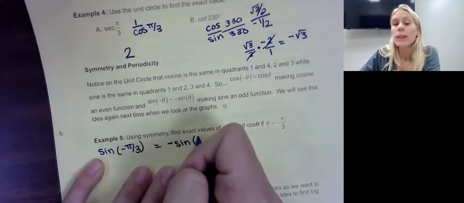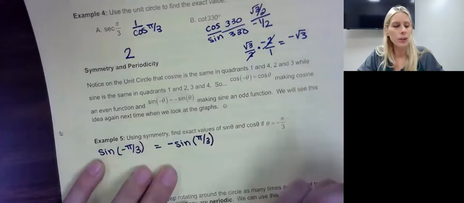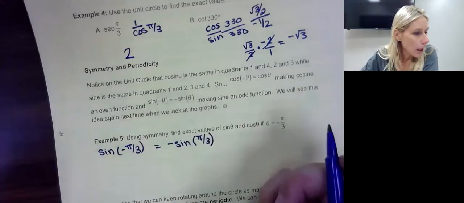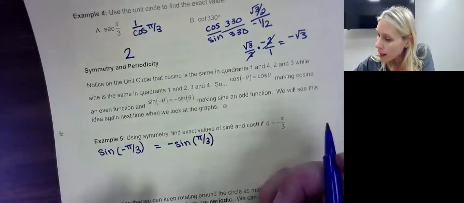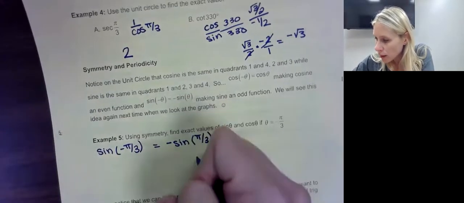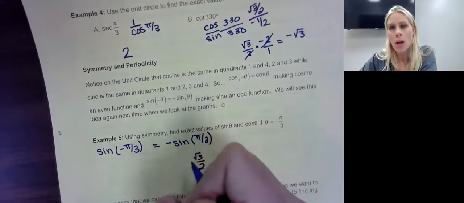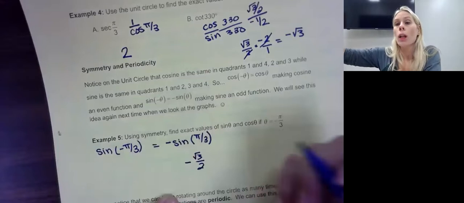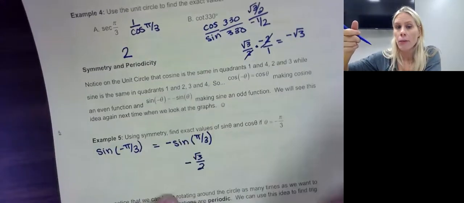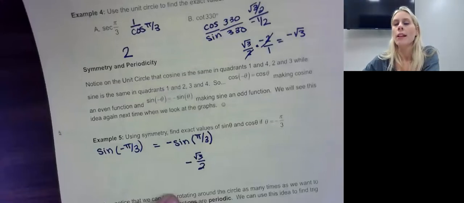So what's sine pi over 3? If you look at your unit circle, pi over 3, sine is the square root of 3 over 2, and there's a negative in front of it. And there we go. So we can either go clockwise to find that negative pi over 3, or we can relate it to a negative sine of theta.